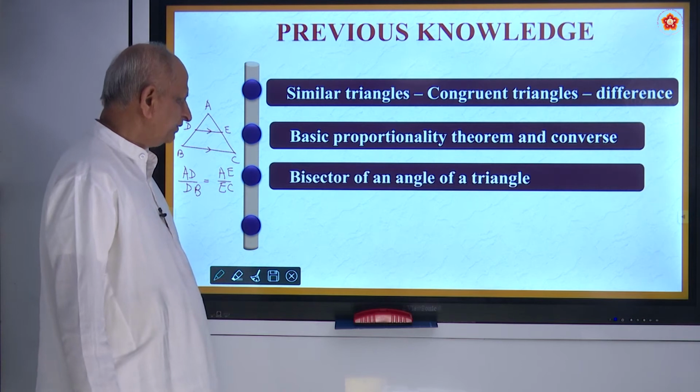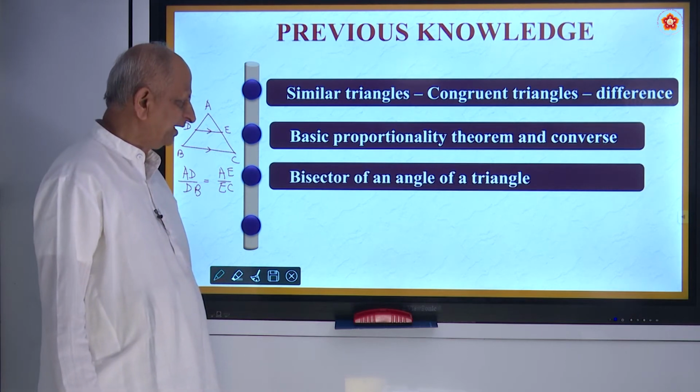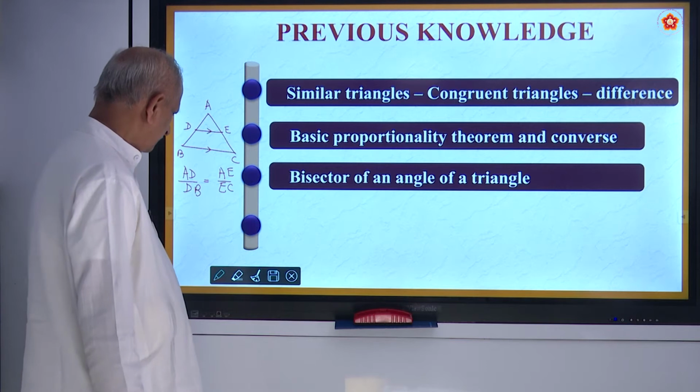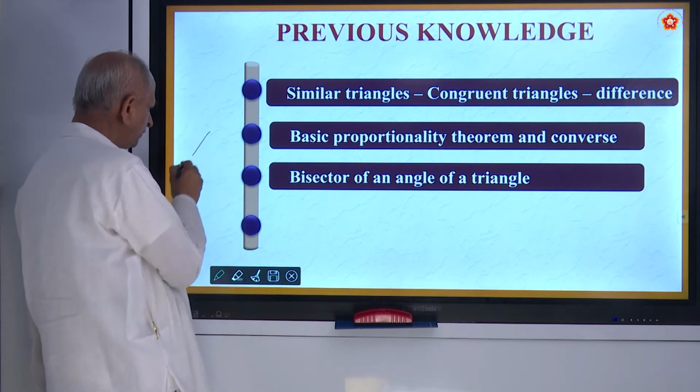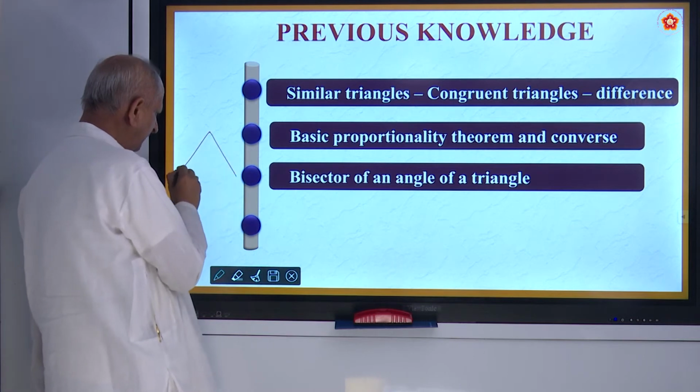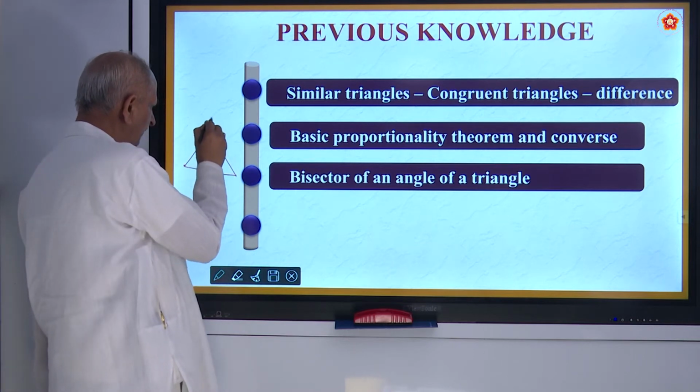And also we have seen about the bisector of an angle of a triangle. What is the property of the bisector? Suppose in any triangle a bisector is drawn.